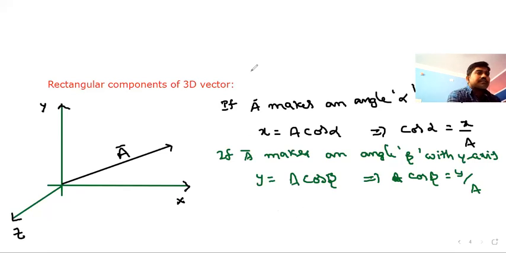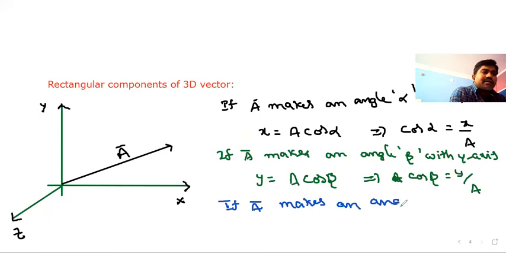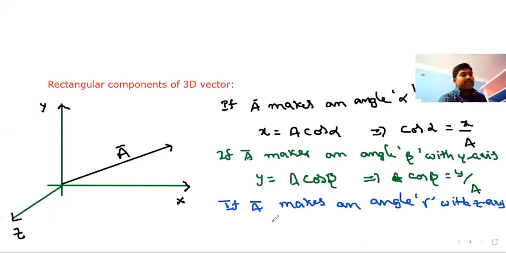Third one. If A bar makes an angle gamma with the z-axis, then what will be the z component?